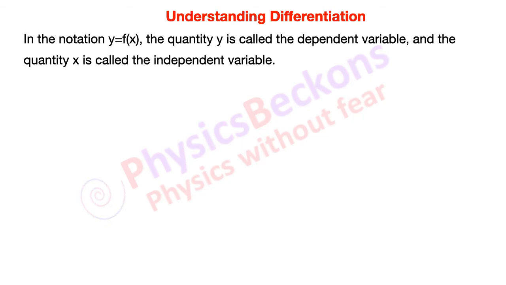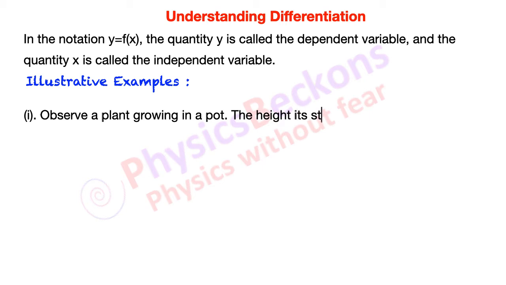In the notation y equal to f(x), y is called dependent variable and x is called independent variable. We can understand further with the help of illustrative examples. Observe a plant growing in a pot.